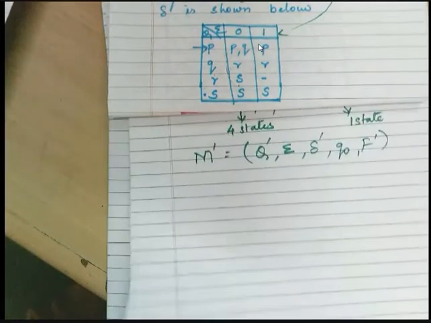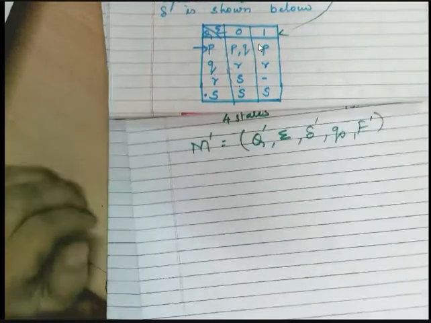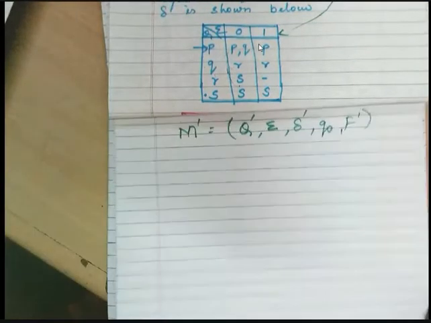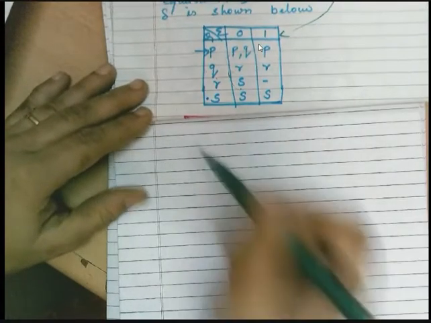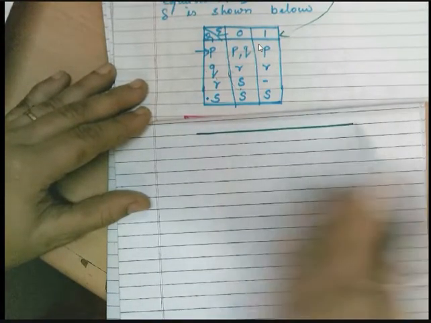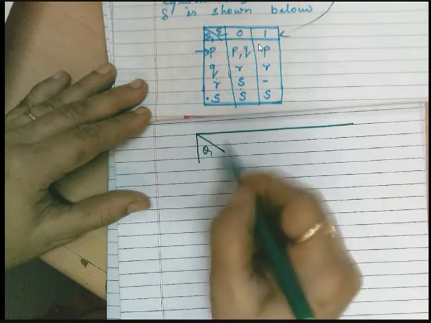So now how are we converting? For conversion, we will apply the same thing. Yesterday we discussed the direct and indirect method. So using the direct method, we have to prepare a table. And in this table, how many states will be possible?